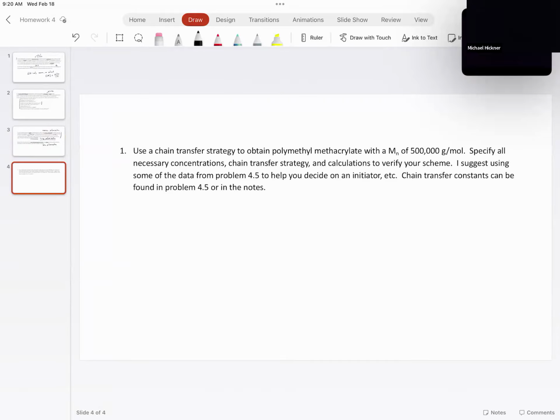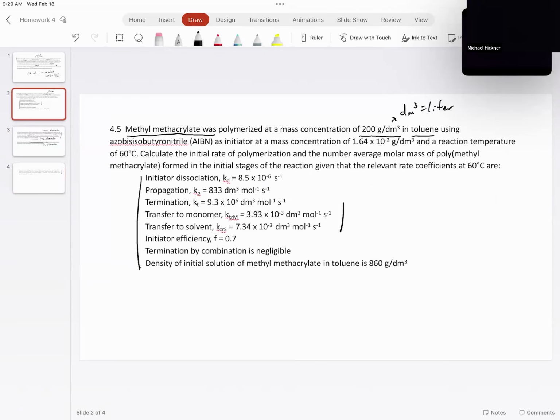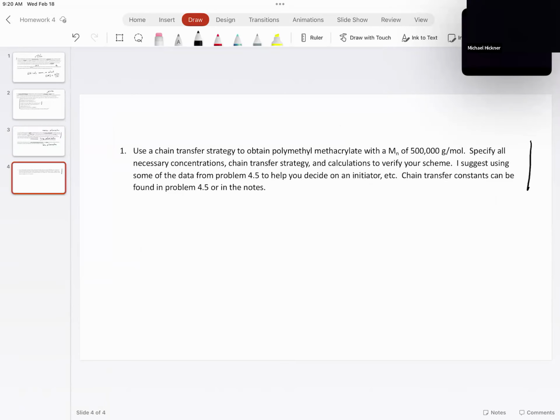Finally, I did want to talk about this problem because this is basically the same as our chain transfer problem. However, what I want you to do is to make up a chain transfer strategy to obtain PMMA, and this gives you an idea of what the X bar N should be once you know the molecular weight and, of course, the M0.